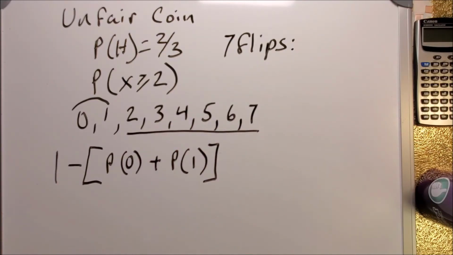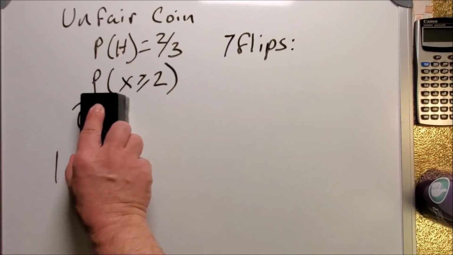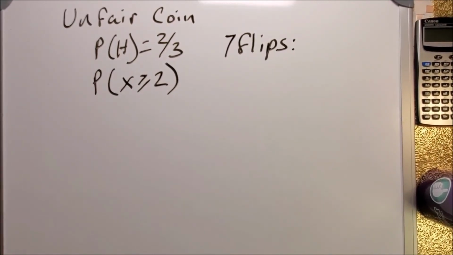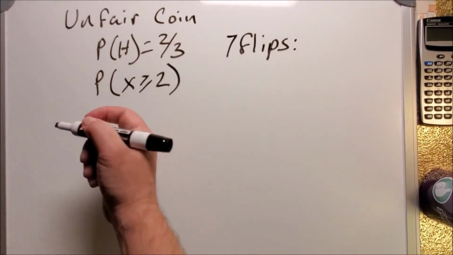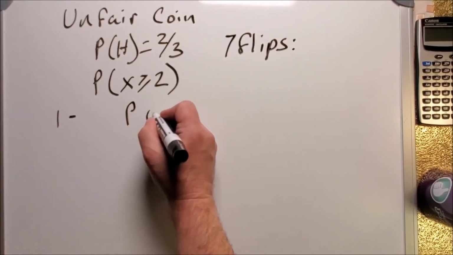Let's go ahead and proceed with that. Let me make some space. Okay, so 1 minus the probability, let's start with the probability of 0.